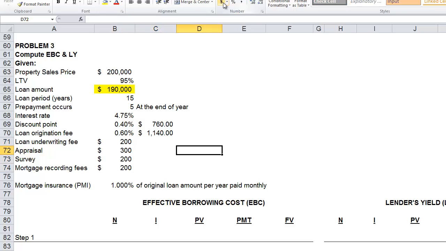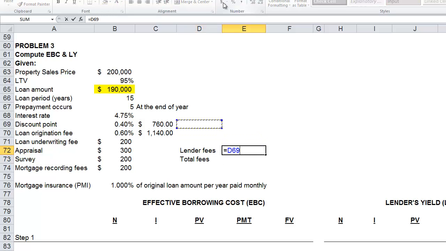All right, so let's go ahead and, like last time, get lender fees, and then total fees. Lender fees include the discount point, the origination fee, and the underwriting fee. All the other fees include the lender fees, plus the appraisal, the survey, and then the mortgage recording fees.